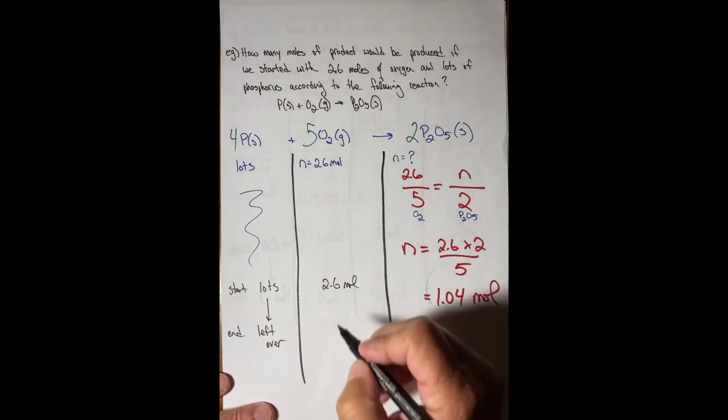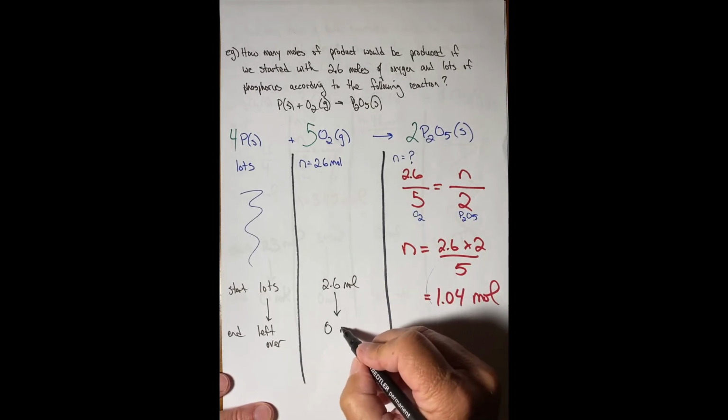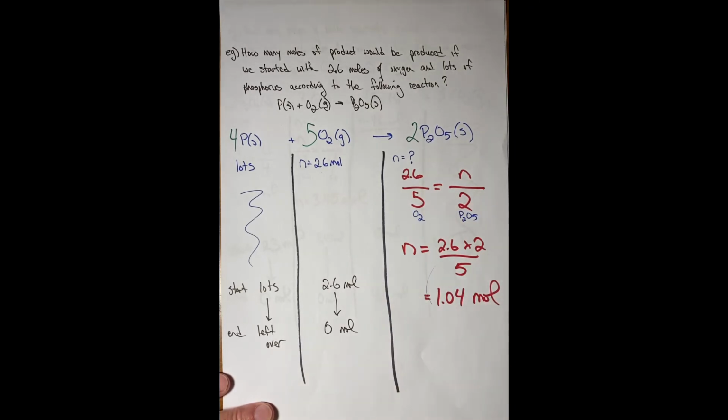It's a reactant. We use the reactants up. This is all going to be used up. We're not going to have any of this left, okay? Now, at the start of this one, there were 0 moles. It's a product. So we haven't made any yet. And over the course of the reaction, we are going to have 1.04 moles at the end.